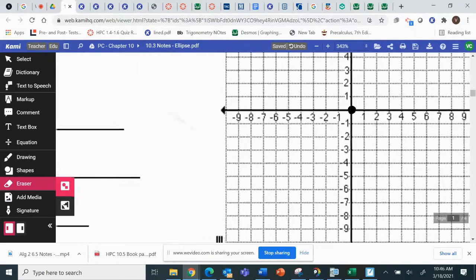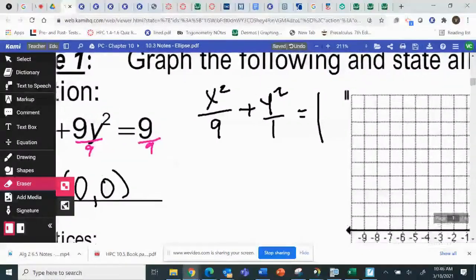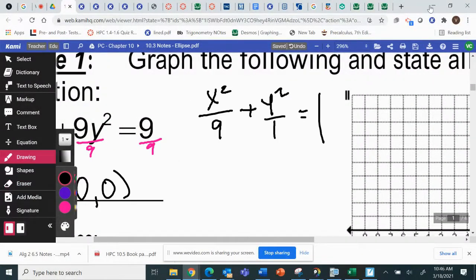So underneath the x squared is 3 squared. Underneath the y squared is what squared? 1 squared, okay? In the formulas, it has a squared and b squared. So a is the bigger one.